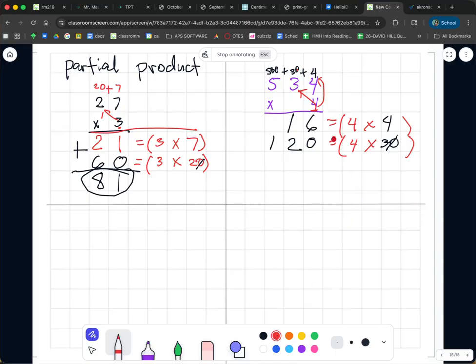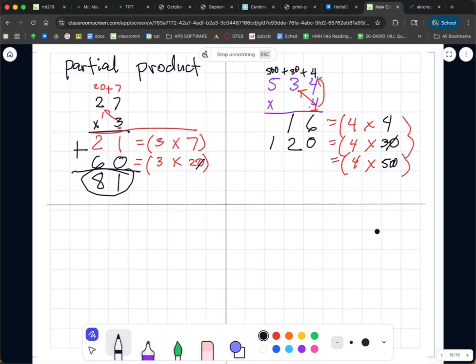The next one will be again an equal sign. And then we're going to do our distributive property of multiplication from the 4, from one digit to the other digit, which will be the 5 right here. And the value of 5 is in the hundreds, so that will be 500. So let's go ahead and write 4 times 500.